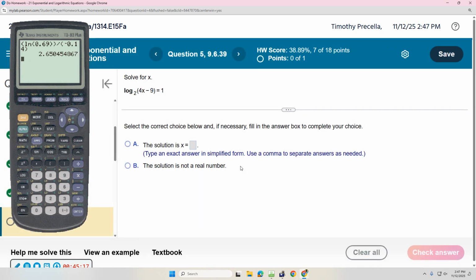And now logarithmic equations. The name of this assignment was exponential and logarithmic equations. So now we're going to solve logarithmic equations.